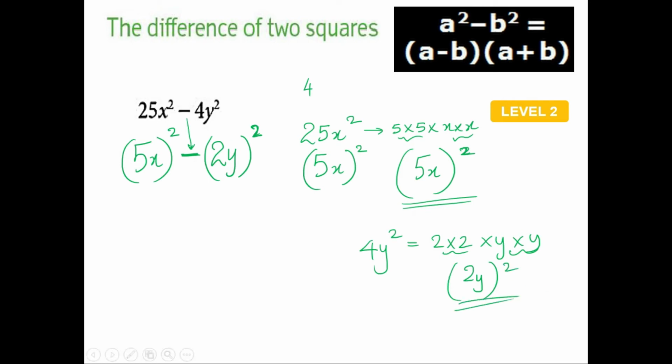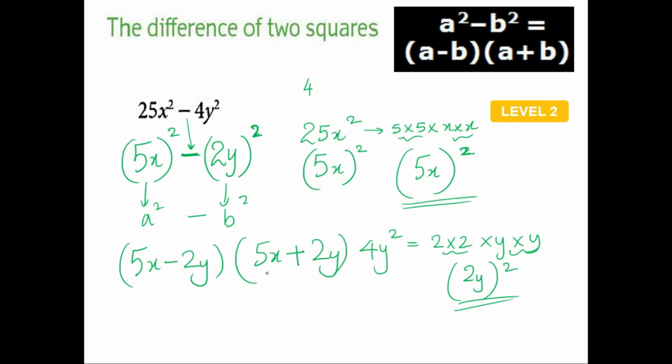Now I can apply the identity because every term inside the bracket is squared. So this is going to be my a and this is my b. So a square minus b square, I'll be applying the formula: 5x minus 2y times 5x plus 2y. This is my final answer.